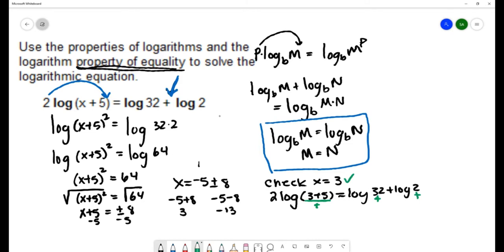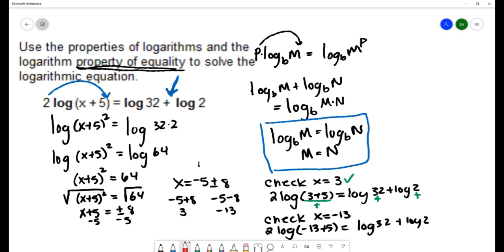Then we're going to check the other solution, x equals negative 13, and when I substitute that into our log expression, I get negative 13 plus 5. And negative 13 plus 5, when I add those together, gives a negative number.